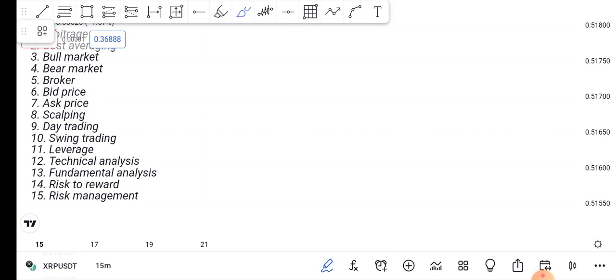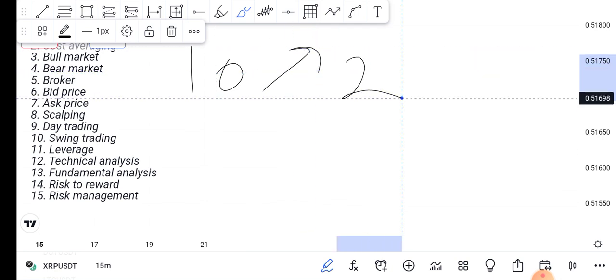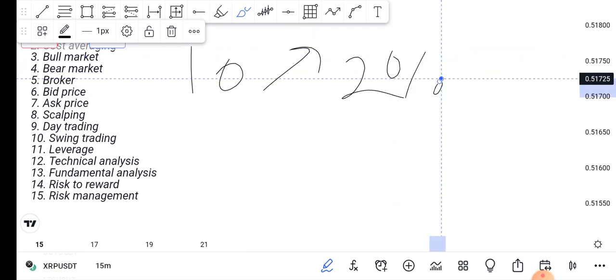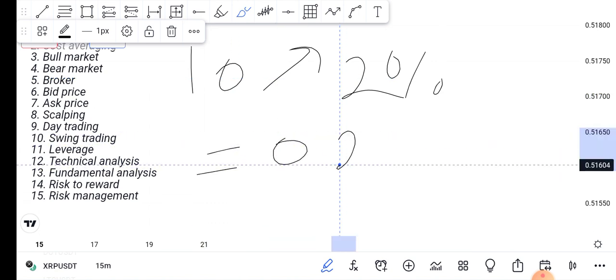So let's say I enter a trade with $10. The market gave me an increase of 2%, right? Now 2% of $10 will be what? 0.2. So how much is my gain? 0.2. So 0.2 is a very small money. Now let's say I can leverage on this trade.